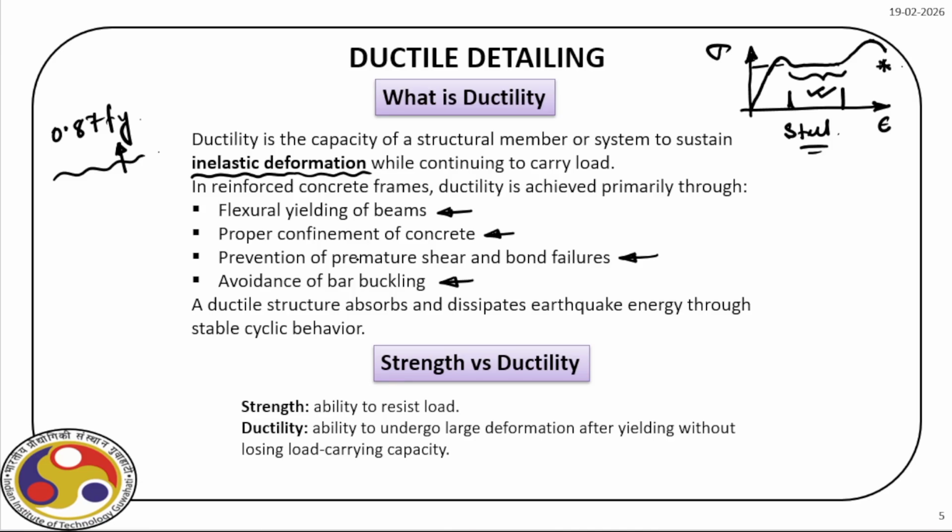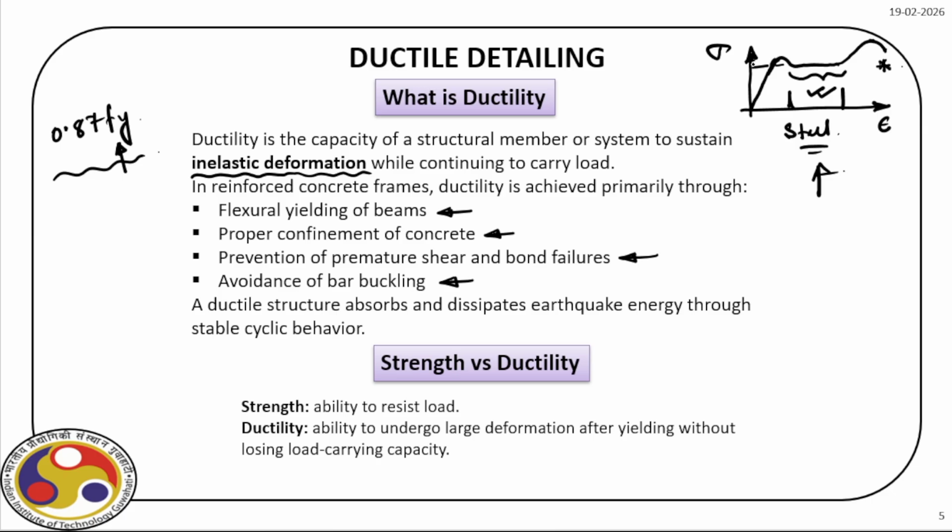Now here at this moment, we should distinguish between strength and ductility. Strength is the ability to resist load, while ductility, as I explained here, is the ability to undergo large deformation without losing load carrying capacity. So here you see the stress does not change much while there is a significant deformation. So this is the ductility, which is totally different than, for example, yield.